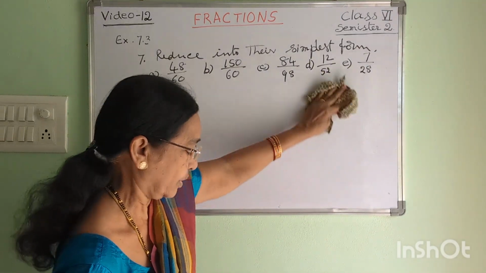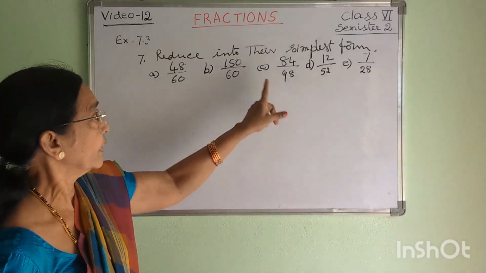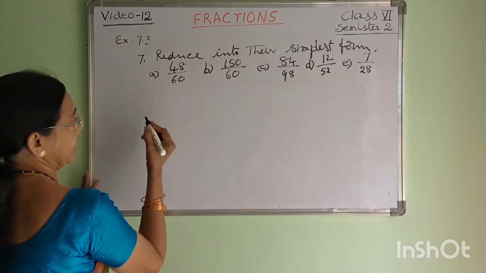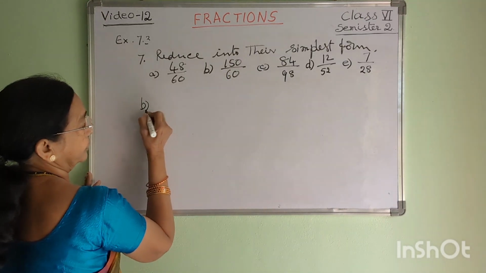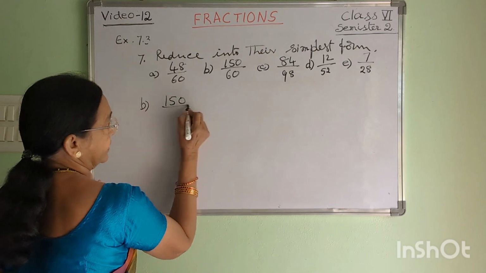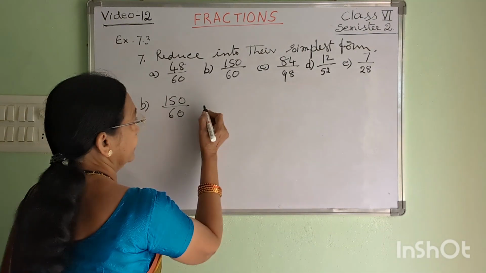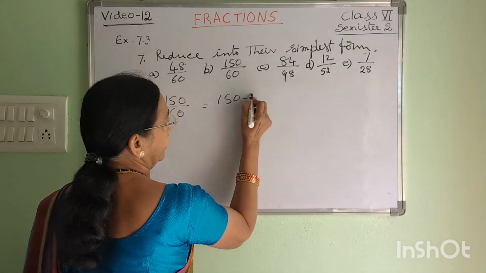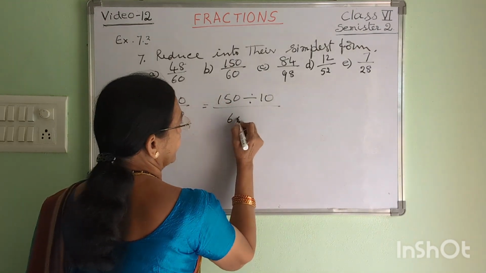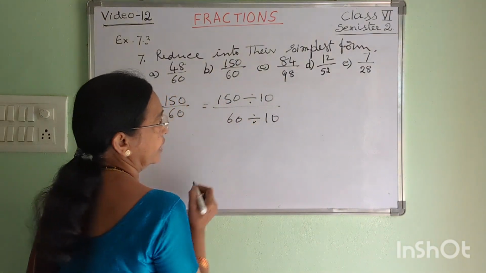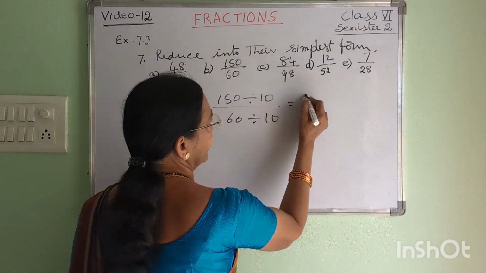Next, going to the next one, number 2, 150 by 60. Both are divisible by 10. So 150 divided by 10 over 60 divided by 10 is equal to 15 by 6.